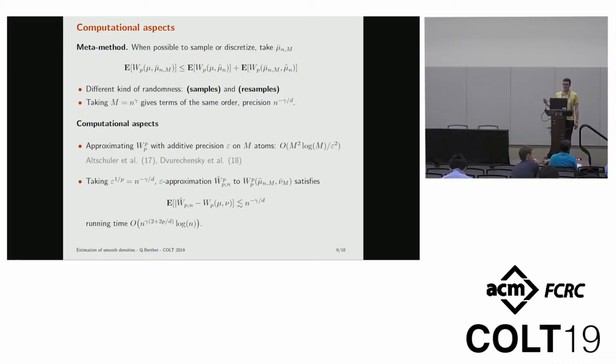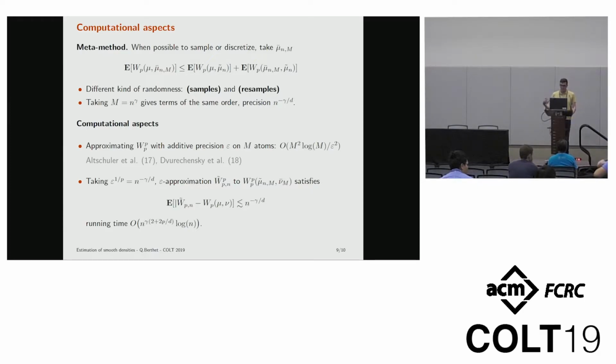Now, on the other hand, this means that we have an optimization problem on capital M points. We understand how the Wasserstein distance can be approximated up to some precision epsilon. We can understand its complexity in terms of capital M and epsilon.